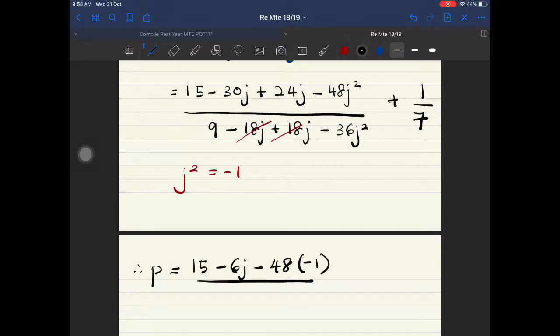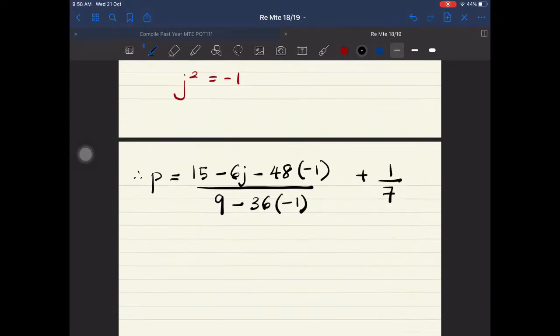So you will have 9 minus 36, j squared is equals to -1, plus 1 over 7. So simplify this one will give you 15 plus 48 is equals to 63 minus 6j over, so this one 9 plus 36 will give you 45. Okay, plus 1 over 7.